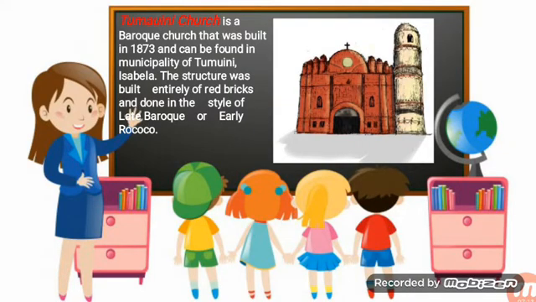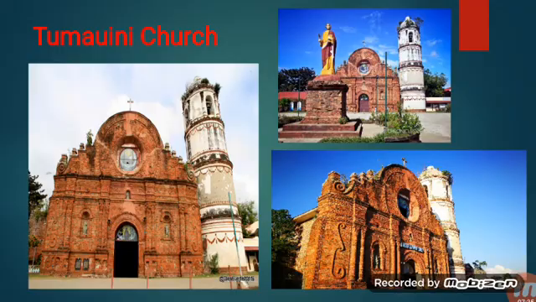Tumauini Church is a Baroque church that was built in 1873 and can be found in the municipality of Tumauini, Isabela. The structure was built entirely of red bricks and done in the style of late Baroque or early Churrigueresque. Tumauini Church has a 4-story bell tower that looks like a wedding cake.